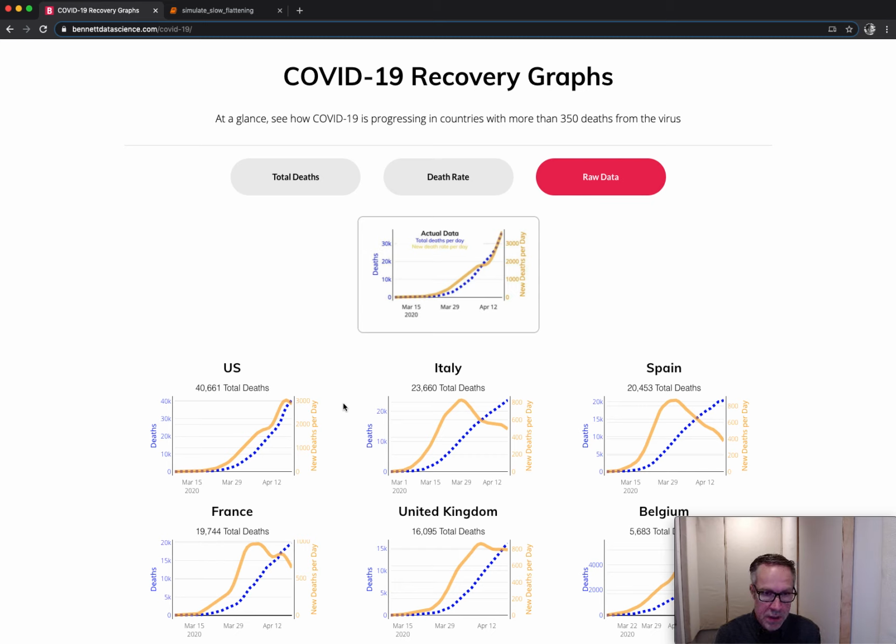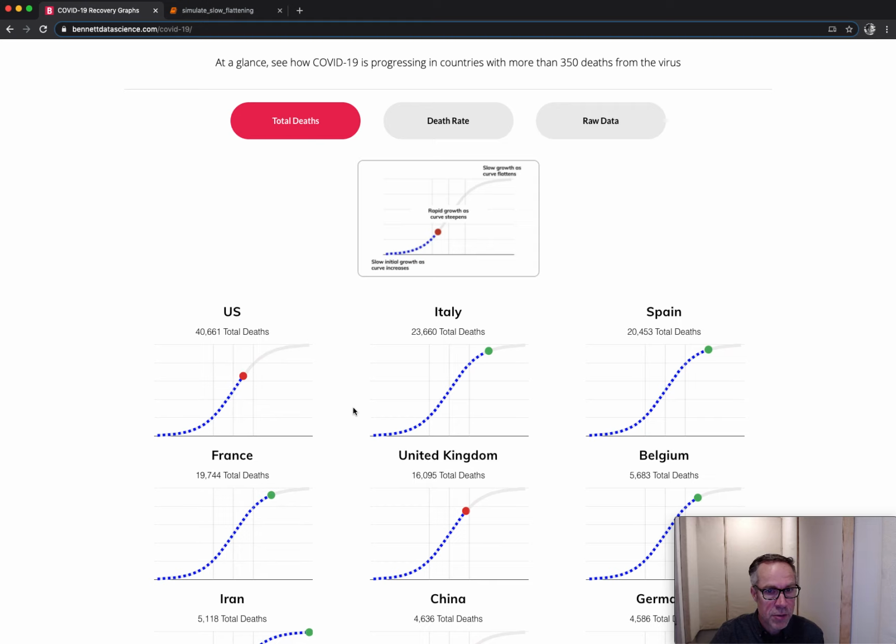These deaths are lagging the number of new cases, but they're the most measurable statistic we have, and that's why we're going with deaths rather than cases. We're taking out this effect of testing. So today I showed the total deaths, where countries stand in terms of slow versus rapid versus then again slow growth at the top.